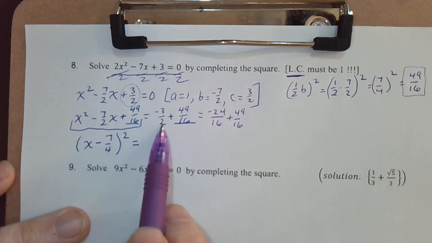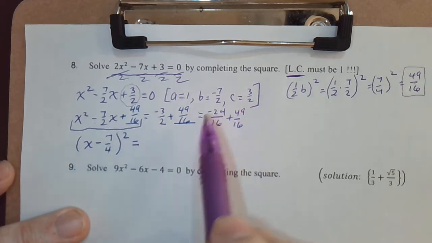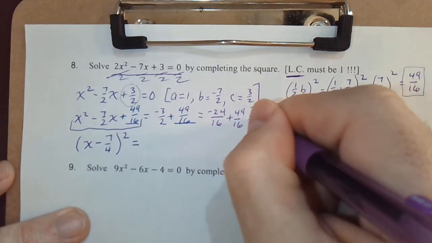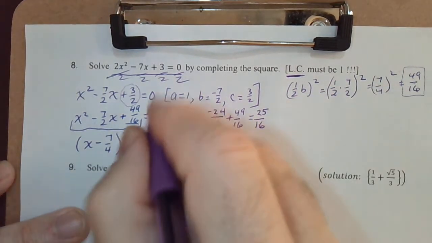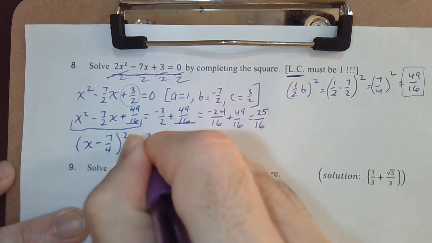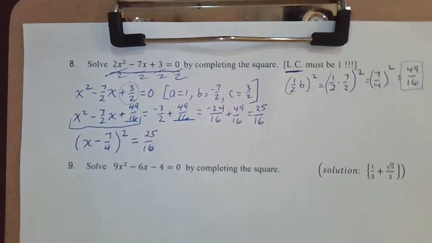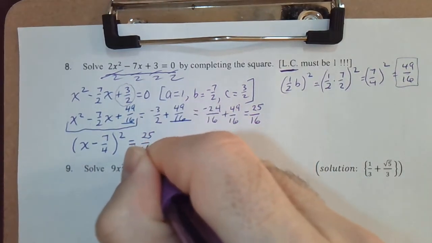And that gives us this common denominator of 16. What is 49 and negative 24? 49 minus 24 is 25 over 16. So this is 25 over 16. And as fractions go, that's a nice fraction for us because it's a perfect square fraction.